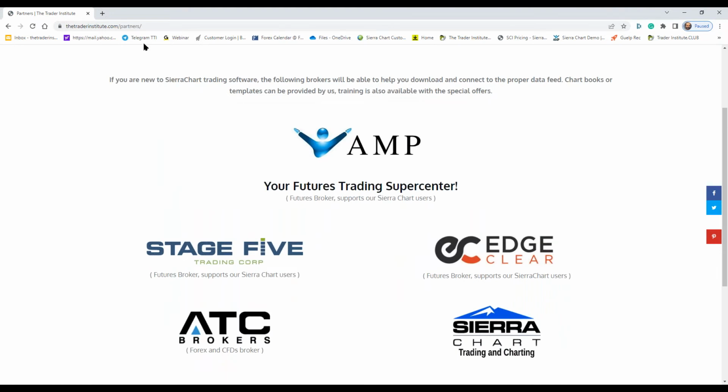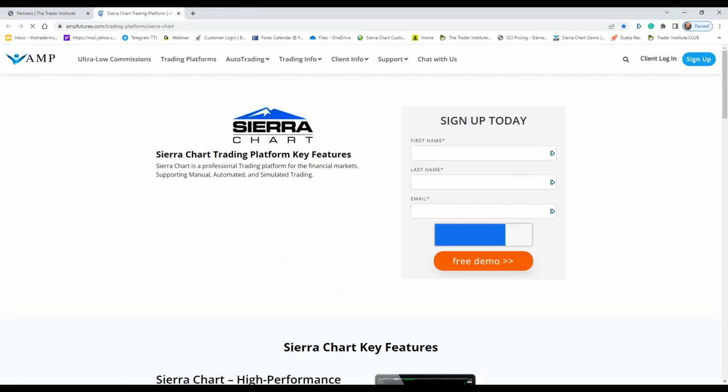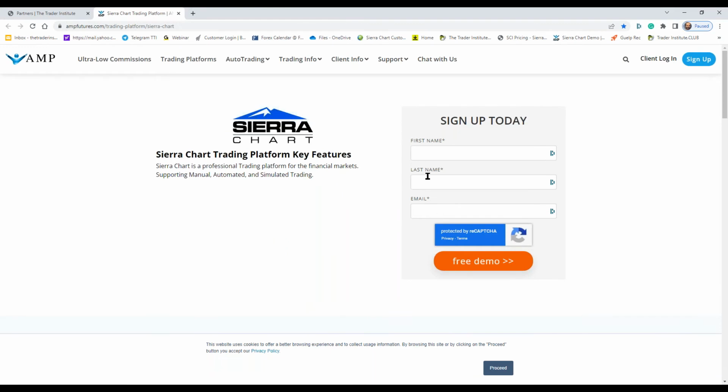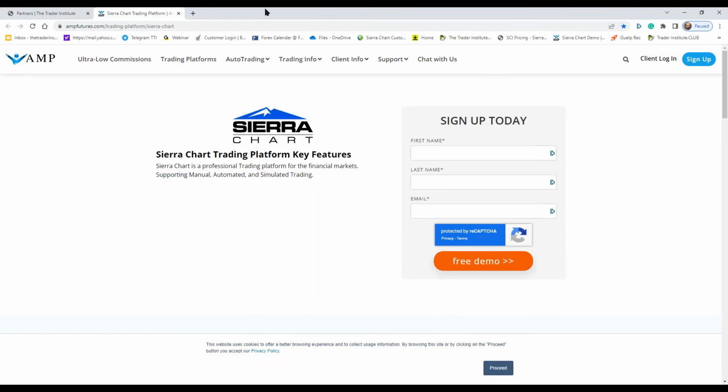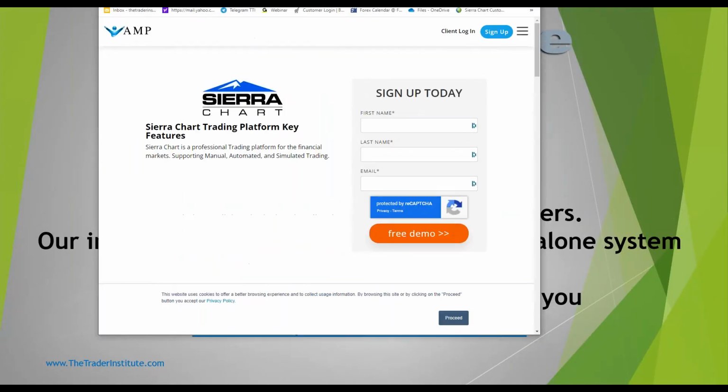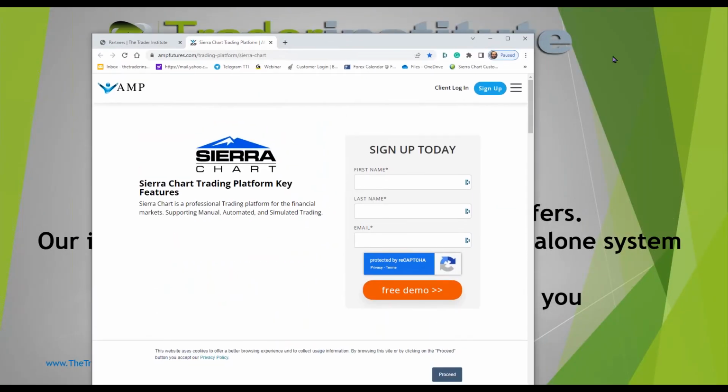Sierra chart improved their connections, etc. So I have 3 brokers here: AMP, Stage 5, and Edge Clear. These 3 brokers support Sierra charts. So if you have accounts with them, they will hold your hand with installation, etc. Even with AMP, for example, you can start a demo. So there is support, there is help, and it's always great to have it. All right, make sense?